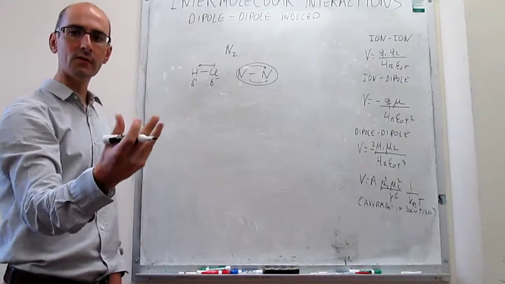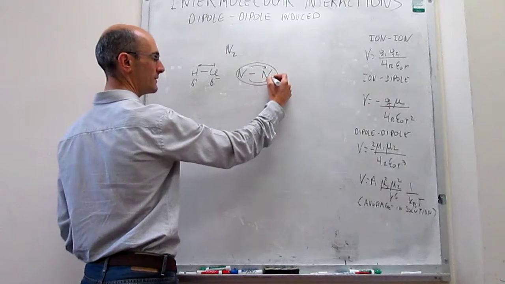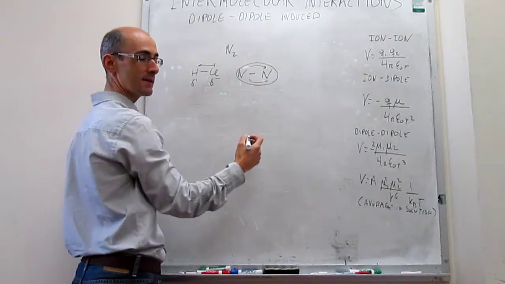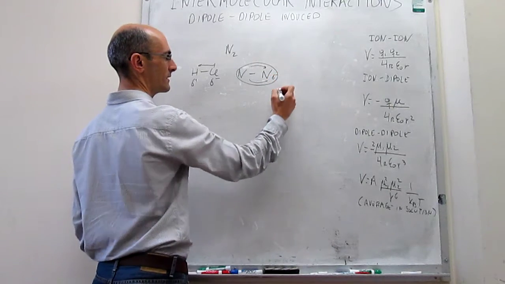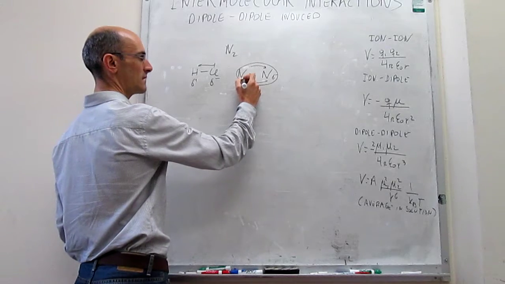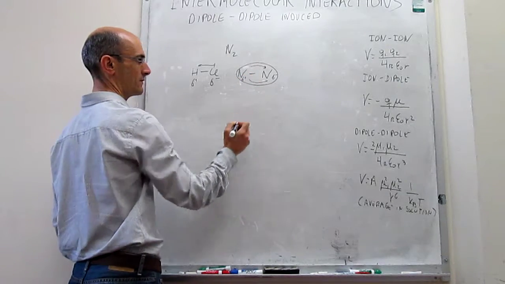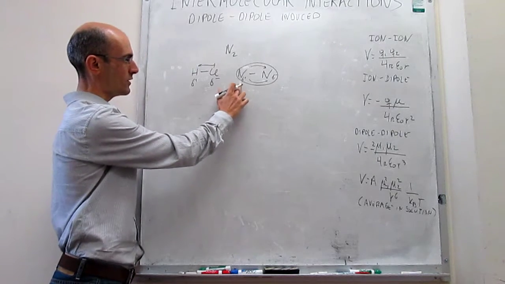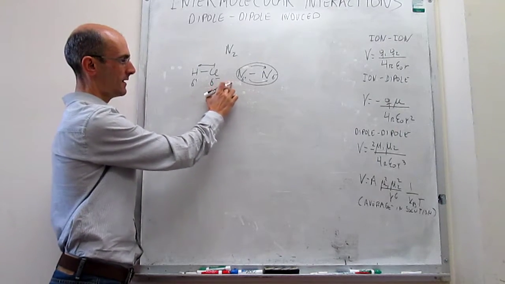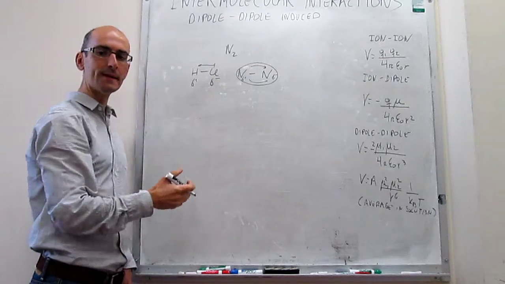If those electrons of the molecule tend to end up in this end, then temporarily you induce here a tiny little negative charge, which means that this end of the molecule will have a tiny little positive charge, and under those situations, now you're going to be able to interact attractively with HCl.